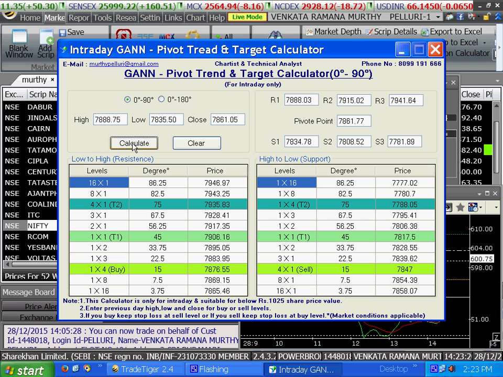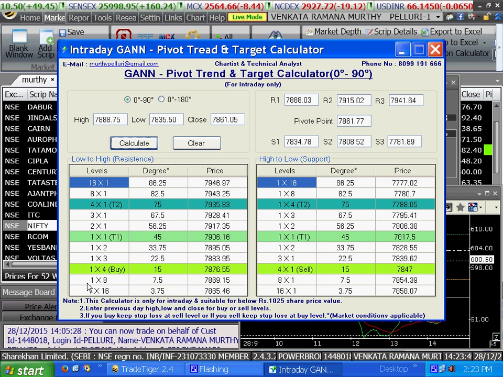I have kept it in 0 to 90 degrees. Now I have entered the high, low, close of the Nifty for the previous day, 24/12/2015, and done the calculation. Here I got some levels. On the left side are low to high resistance levels and on the right side high to low support levels.